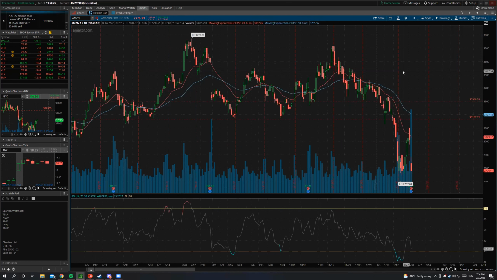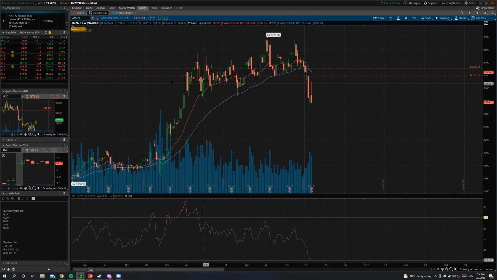Let's look at it on the daily right here. There's always a reason why a stock's going to stop where it does. So we'll take a look at this trend line right here. We'll take our resistance right here, this resistance right here.